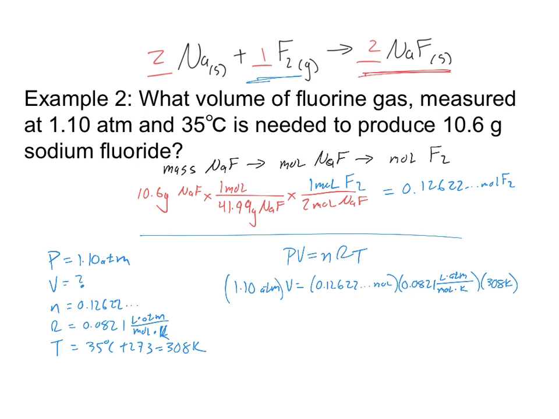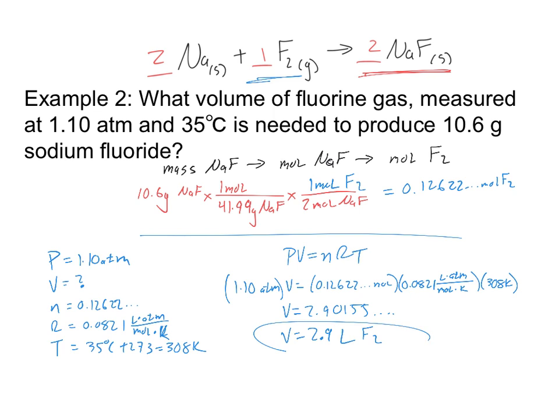So I'm going to take the 0.126 times 0.0821 times 308, and then I'm going to divide that by 1.1. And I'm going to get a value for my volume somewhere around 2.90155... So then going back to 2 sig figs, that tells me my volume is somewhere in the ballpark of 2.9 liters of F2 needed.